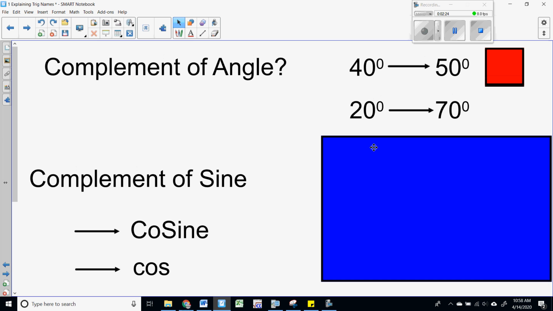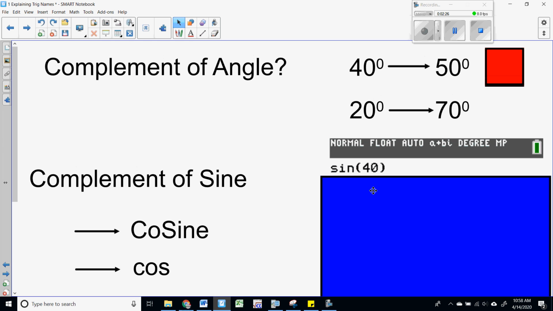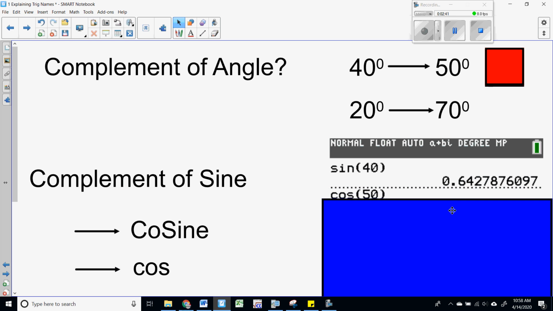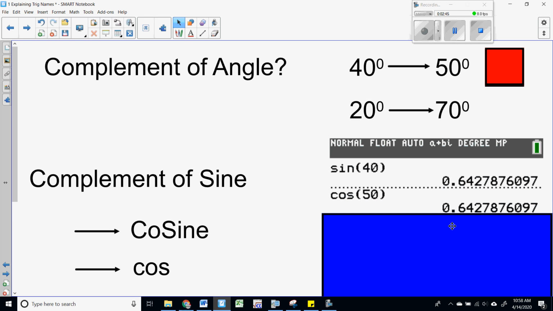Now, what does that mean? Well, consider the sine of 40 degrees. If we just put that in the calculator, we get 0.64. Well, what's the complement of 40 degrees? 50. So what is the cosine of 50? The exact same thing. So cosine really just means the complement of sine.